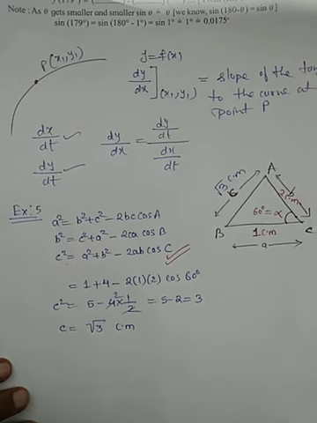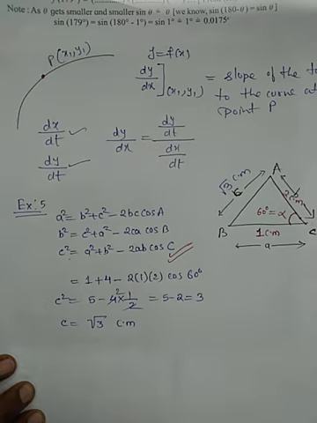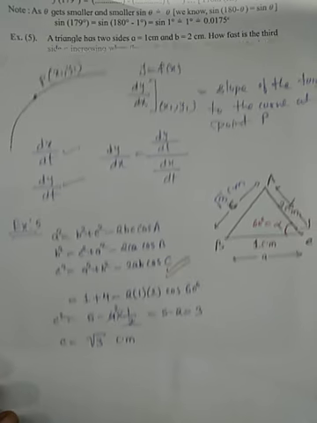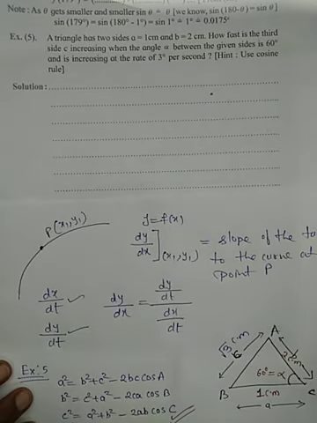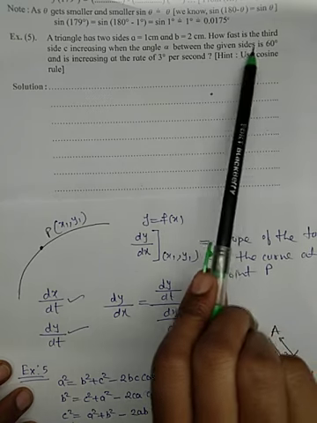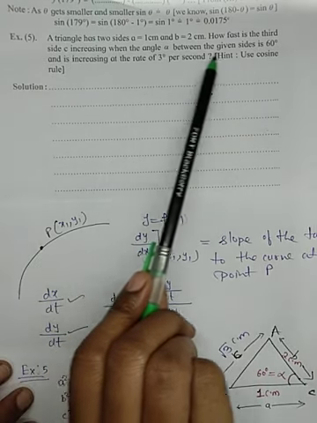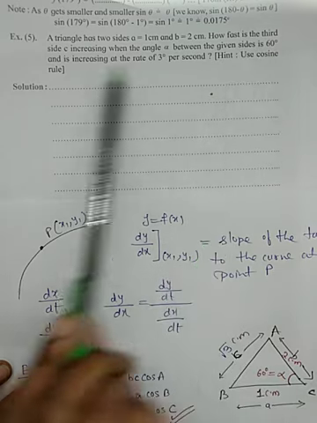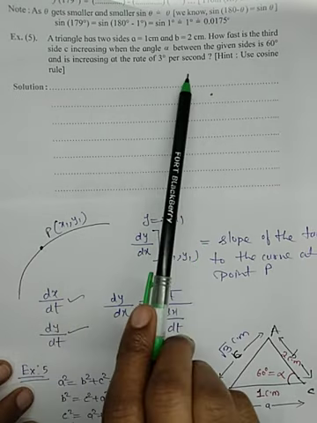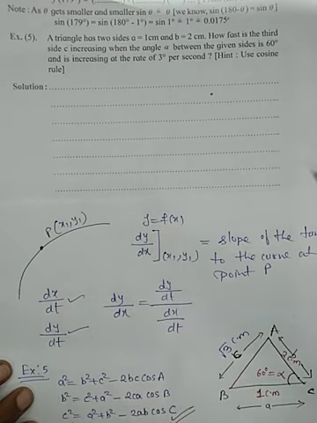Okay, children. Next. Now, our job is to find the rate of change of side C. You can see your question. They are asking, find how fast the third side C is increasing when the angle alpha between the given sides is 60 degree and is increasing at the rate of 3 degree per second. What does this 3 degree indicate?